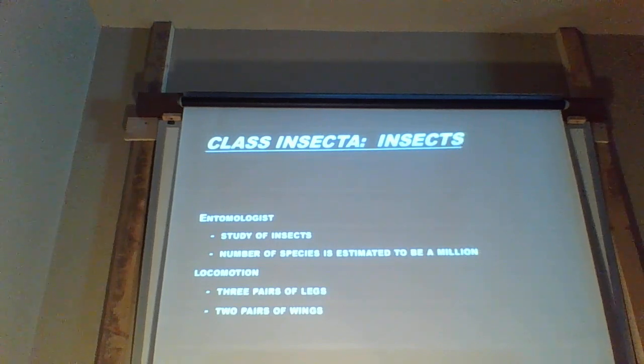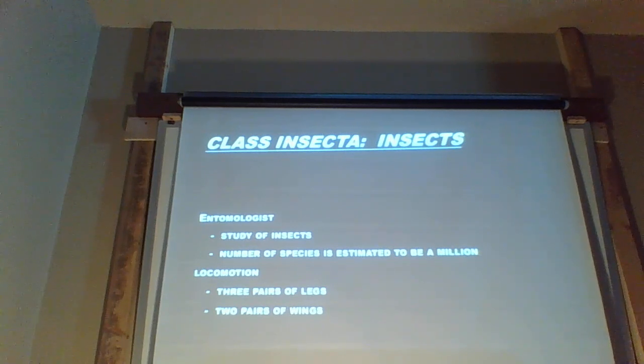So an entomologist, as you can see, is a scientist that specializes in studying insects. Not only are there an estimated million different types of insects, there are perhaps that many more to be classified.